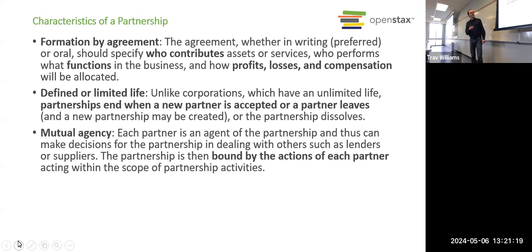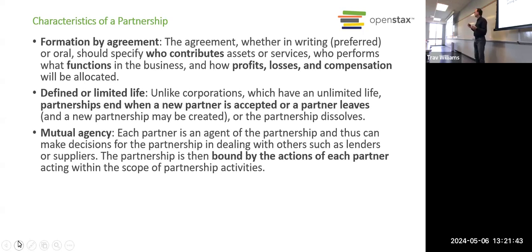Every partner, as it says here, is an agent of the partnership and can make decisions for the partnership. This is assuming that they're active members. If they're just a limited partner where they're just donating money or investing money and then not involved in the management, then they don't get involved, obviously.